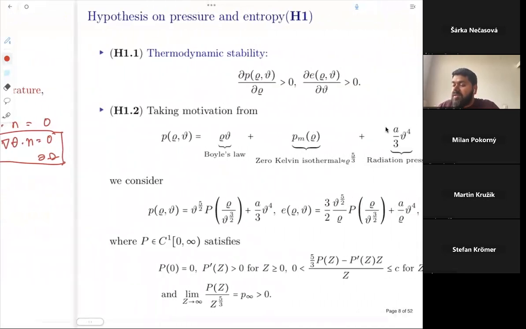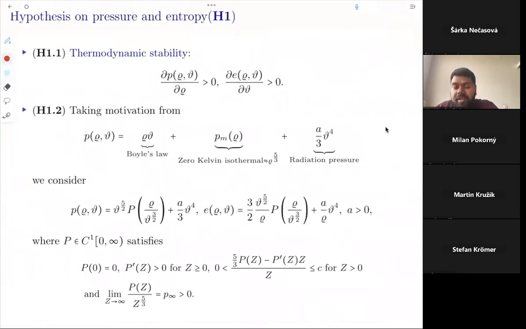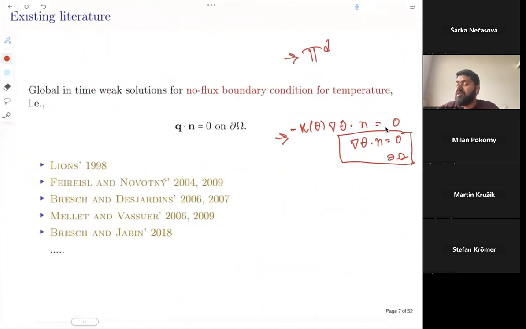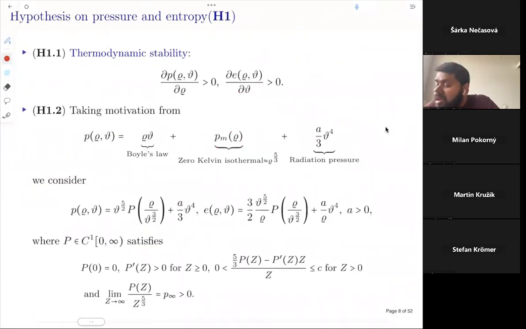Okay, so these are some structural hypotheses that we have to assume in order to get some existence result. These are the same structural hypotheses that mainly Feireisl and Novotny, or even Bresch and Desjardins, take; all of them take somehow a similar type of hypothesis. Some minor modification has been achieved by Bresch and Jabin very recently. The first thing is called thermodynamic stability.